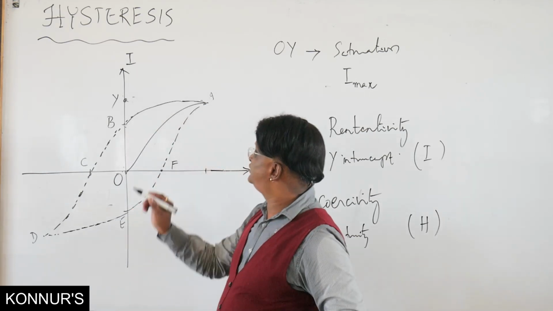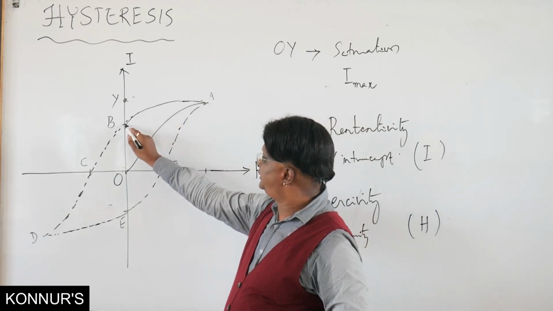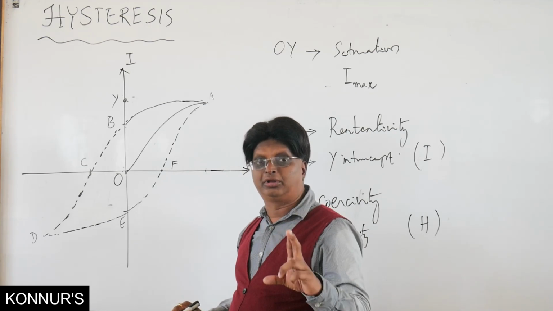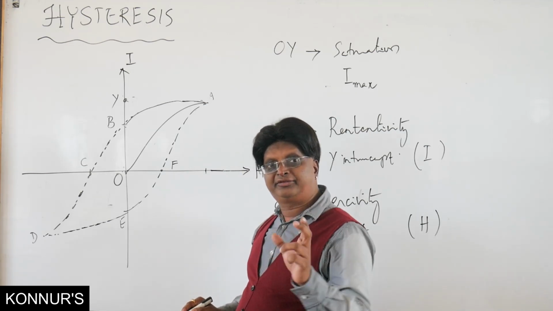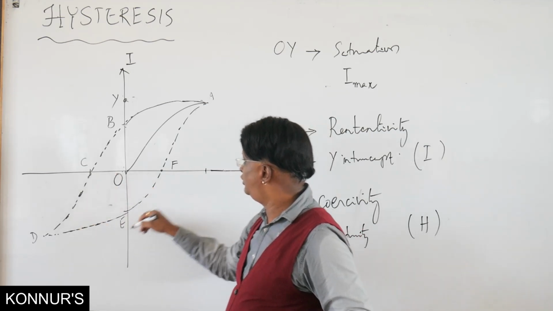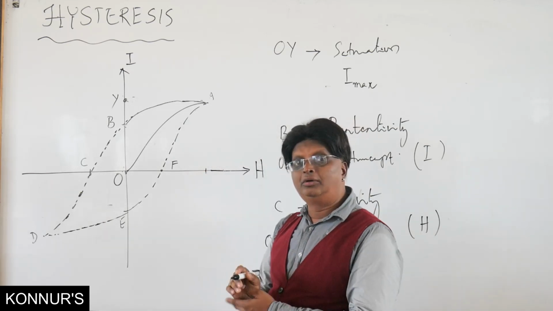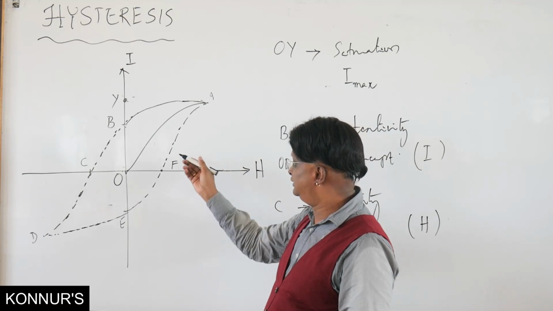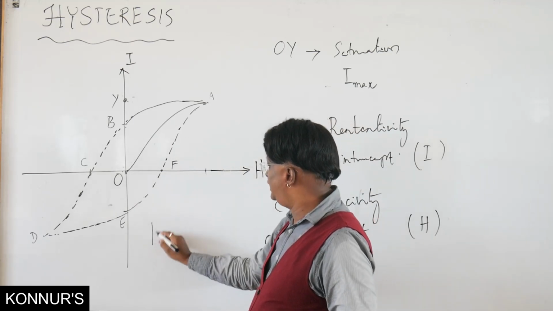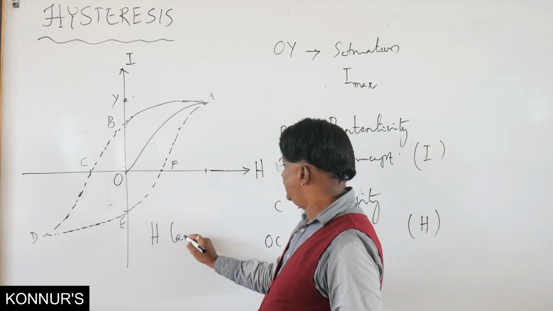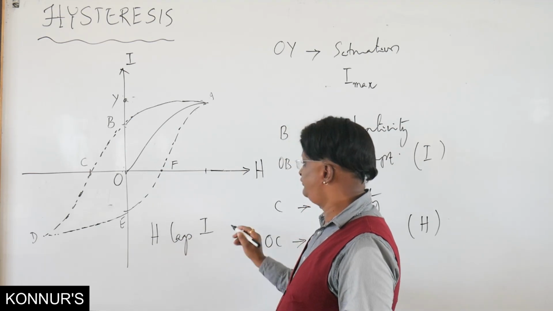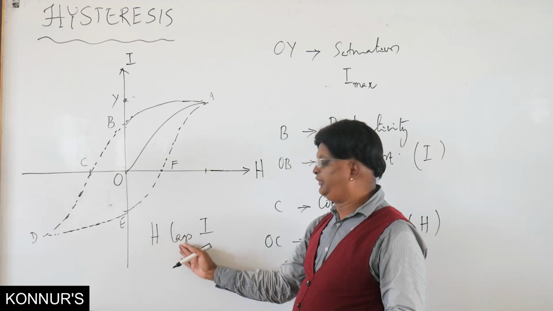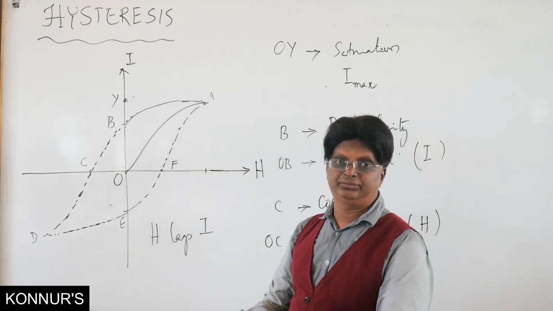The important points are, of course, saturation magnetism, retentivity, coercivity, intercepts. Please do remember retentivity, y-intercept; coercivity, x-intercept, and so on. Now, another important point that arises when we observe this graph is that H lags I. This is the lagging of the magnetizing field with intensity of magnetization.